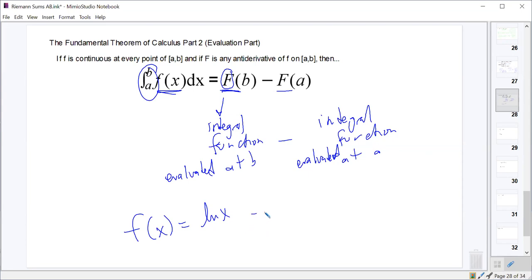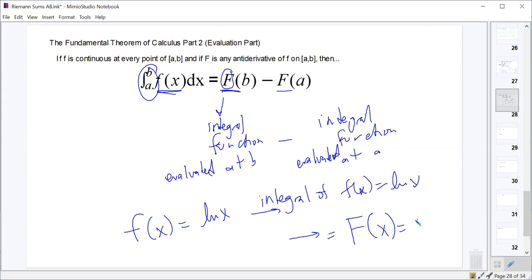There's some function that represents the integral of f of x equals natural log of x. It happens to be the function x natural log of x minus x. You don't need to know that, but the integral function of f of x equals natural log of x is capital F of x equals x natural log of x minus x.